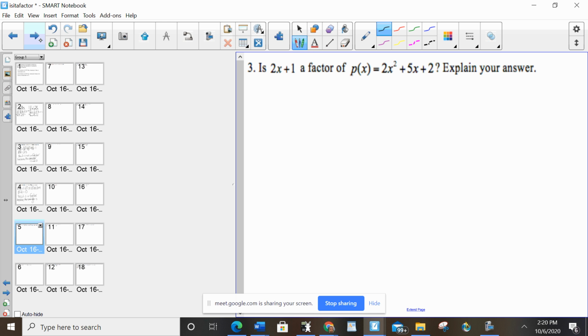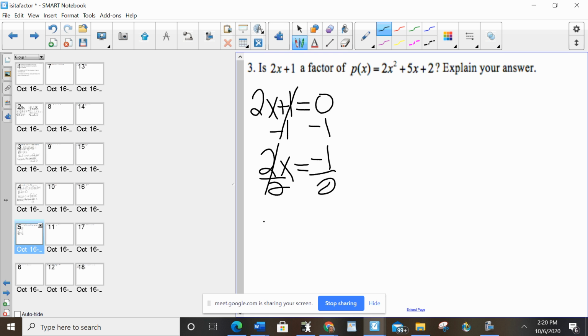Well, technically, the reason that I do the opposite is because I'm always setting the factor equal to 0. This one is not as simple, and again, this is not going to come up much, but if I'm doing the opposite of it, I have to subtract a 1, and then divide by 2. So what I'm substituting into the function is negative 1/2.